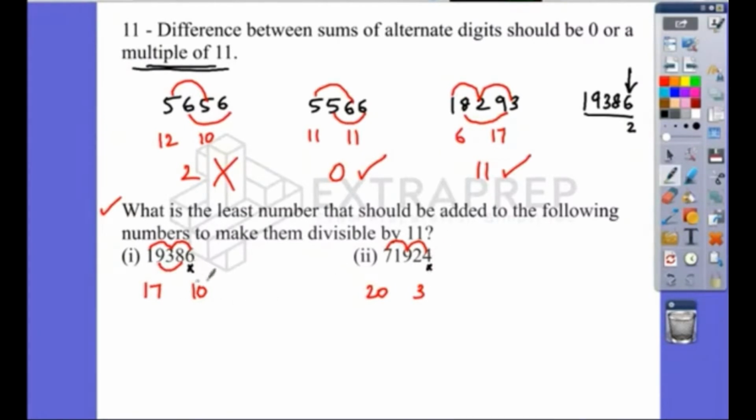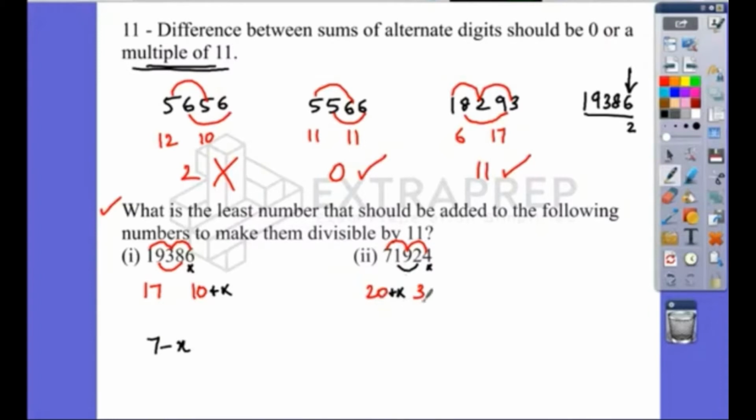Okay, so when you're taking the sum, it becomes 10 plus x here and 17 here. When you're taking the sum, it becomes 20 plus x here and 3 on the other side, because this is 3, right? When you're finding the difference, I already told you the larger value minus the smaller value should be done. Larger value is 17, smaller value is 10 plus x. So subtract and you will get 7 minus x.